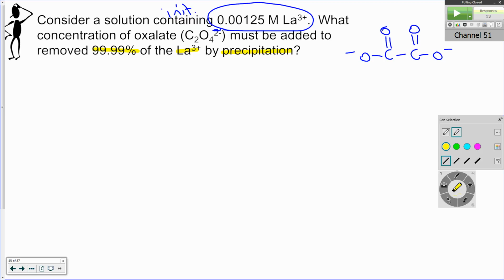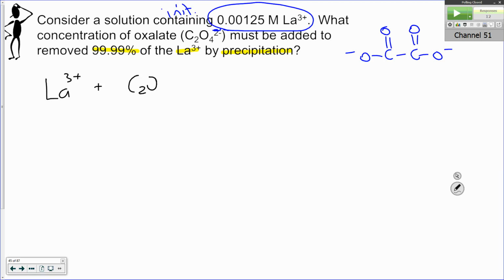Okay, so the thing that I'm going to do is realize that lanthanum 3+ is going to bind with the oxalate 2- to form lanthanum oxalate. What ratio would they go together?